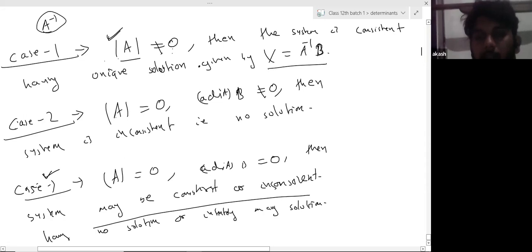That will give you one unique solution. But if the determinant of A becomes 0, then you have to find adjoint of A times B. If that is not equal to 0, then we have no solution. But if that becomes 0 also, then we cannot say. It may have many solutions or no solutions.